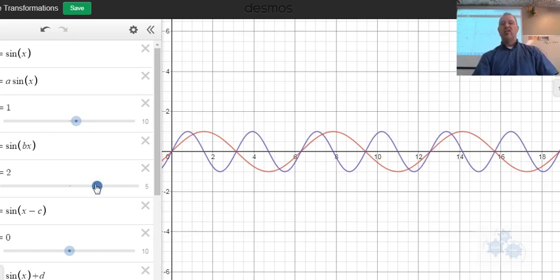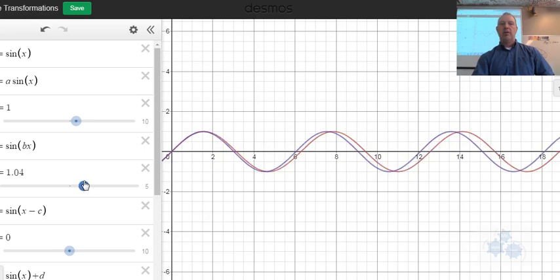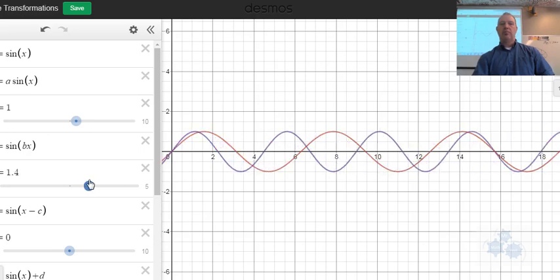The other thing you could do is think of it as a compression of 1 over whatever that b value is. So if b is 2, it is compressing it by a half, or the period length is now half of what a normal sine is. So let's do that again. Here's 1. And if it goes up, it starts to compress.